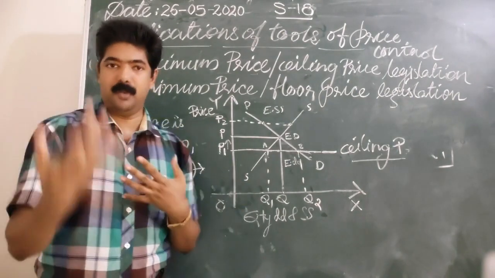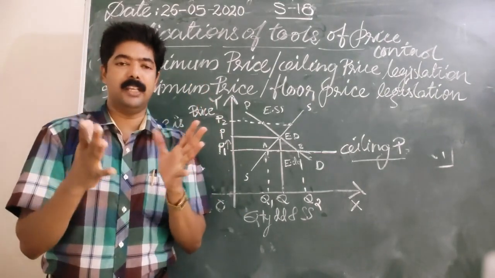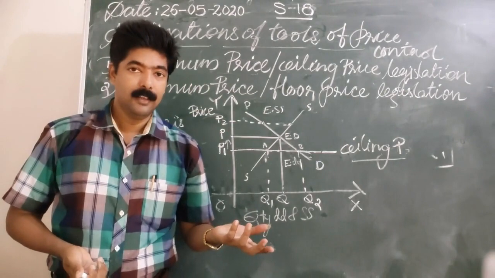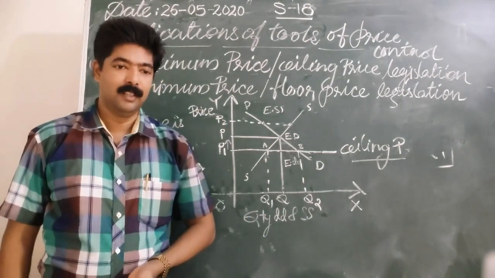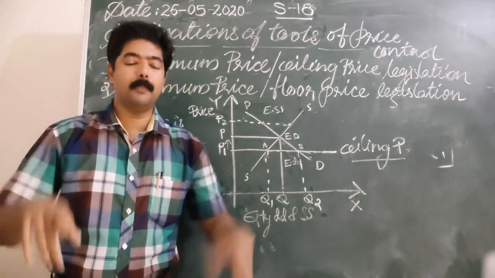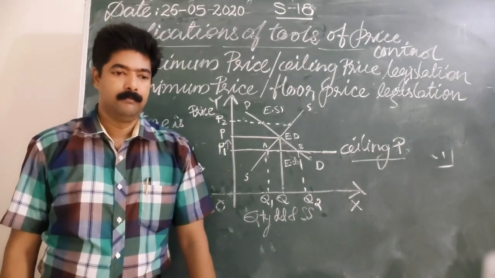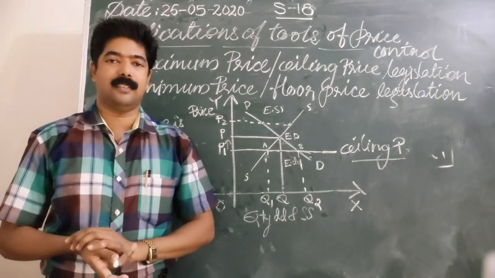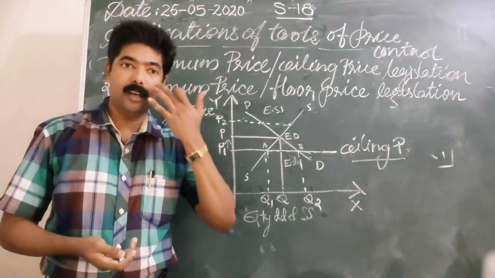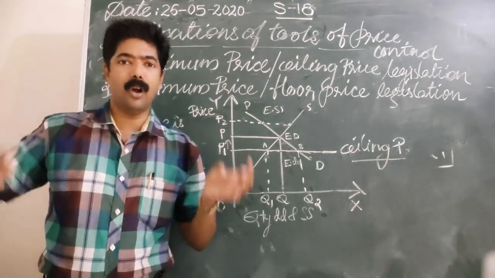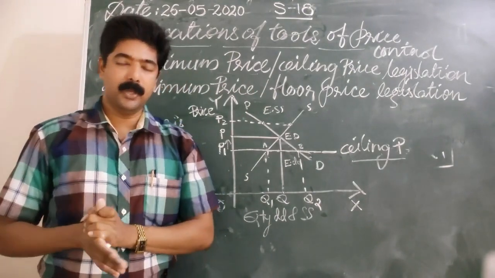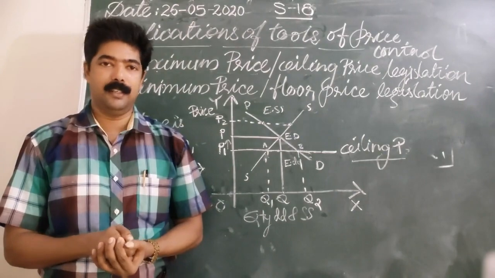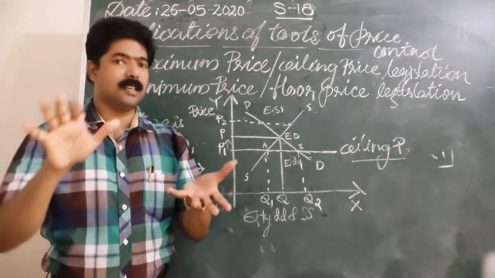In order to distribute this lesser quantity of commodity among high demand, to whom will they give? For that they have adopted certain methods. To solve such difficulties, producers have some methods of allocation of this commodity. They may adopt some allocation methods.